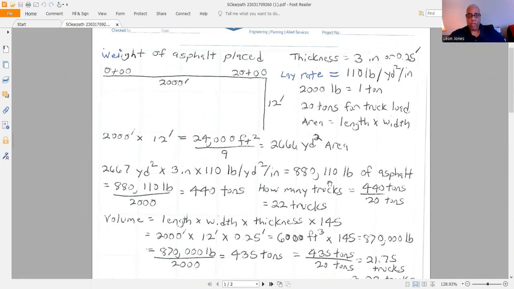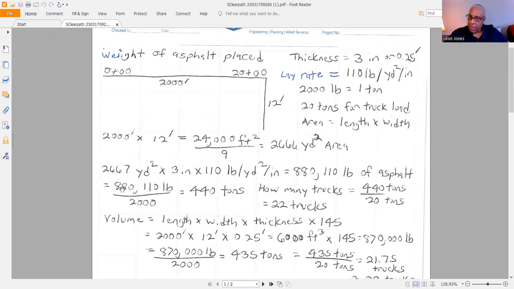Here's the answer. I take my 880,110 pounds of asphalt that I'm supposed to place, and I convert it to tons. Now, you know, there's 2,000 pounds to a ton. So I divide 880,000 by... let me correct myself.